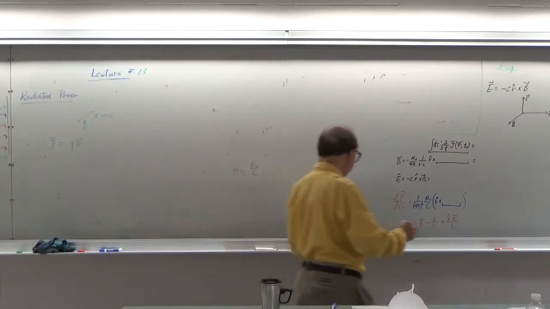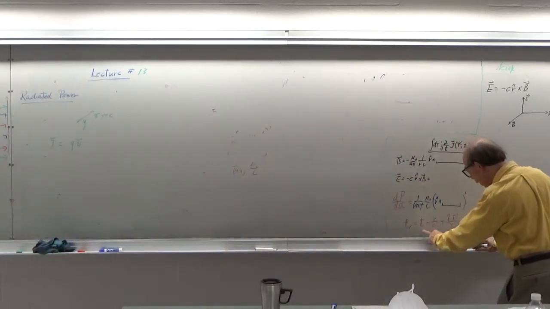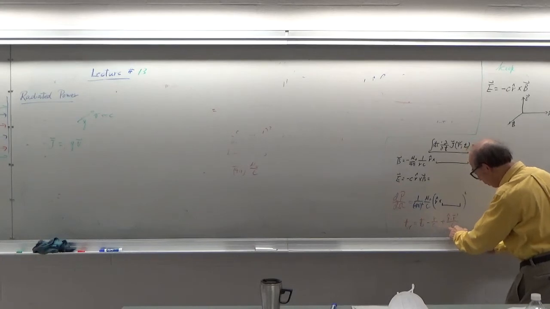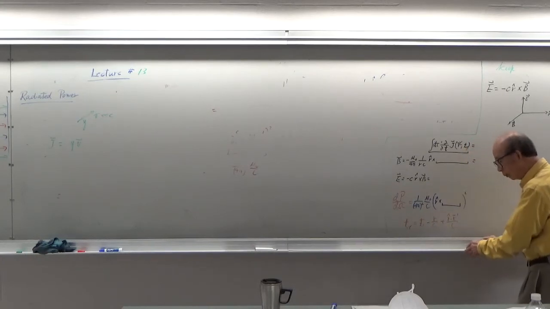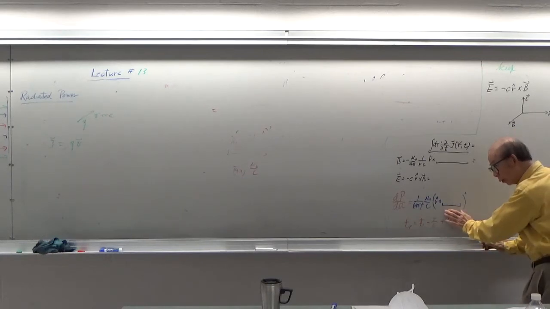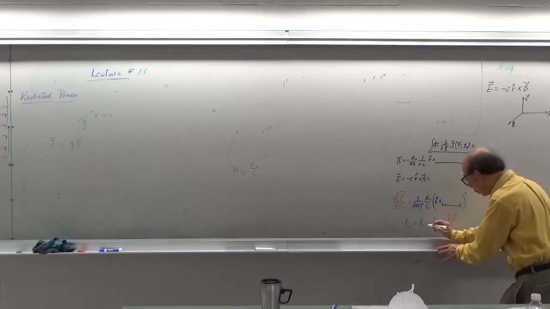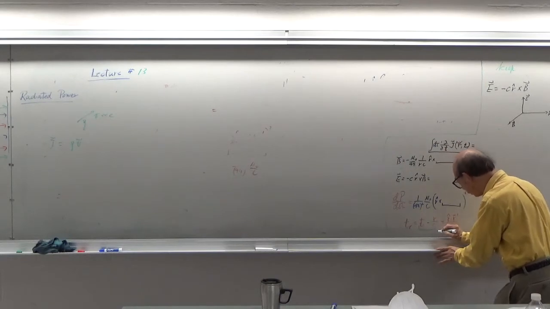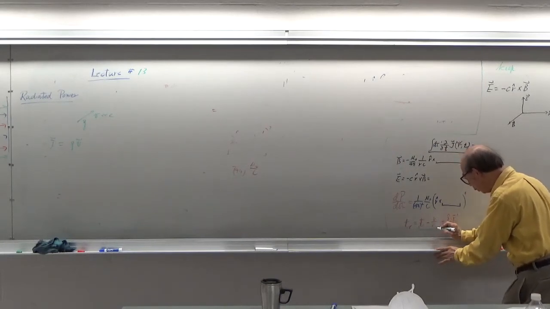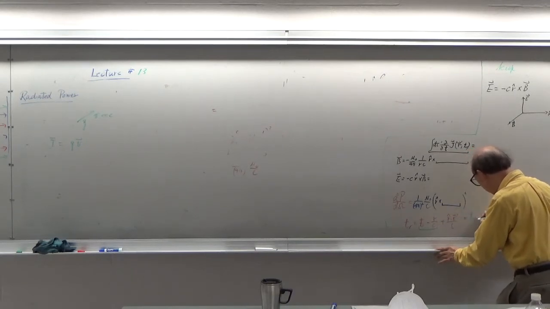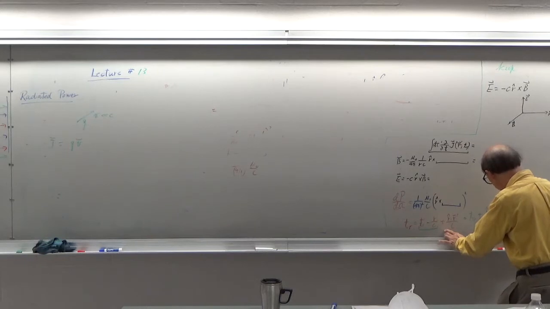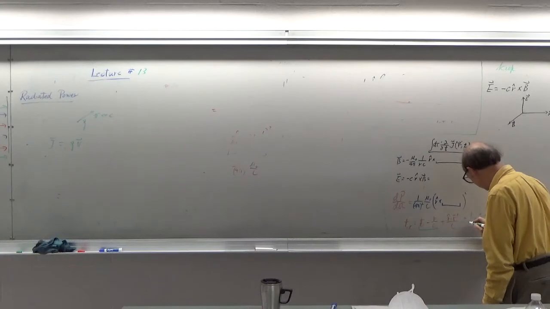You remember, t_R is given by t minus r/c plus this additional term. But to the lowest order of approximation, we can ignore this small correction. So let me call this combination of t minus r/c to be t_e, so this is my t_e.